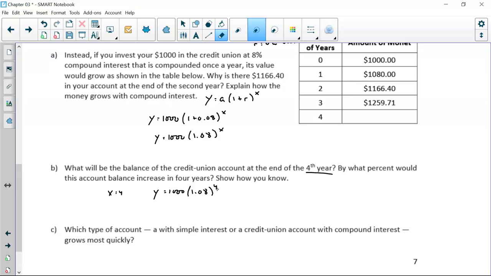So when you do that, you get y equals $1,360.49. Because we're talking money, we're going to go 2 decimal places. So that's how much we'll have at year 4. Going to the next page, part D for this, we're going to find out how much we'll have at 20 years.